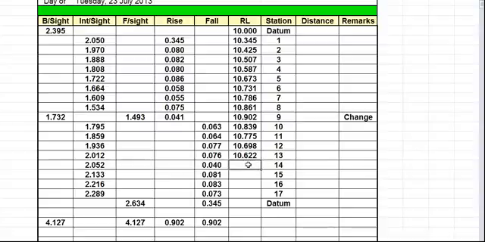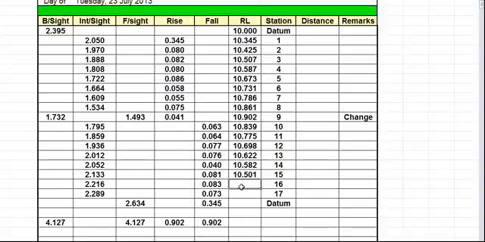Take away 40 equals 10.582. Take away 81 is going to give us 10.501.